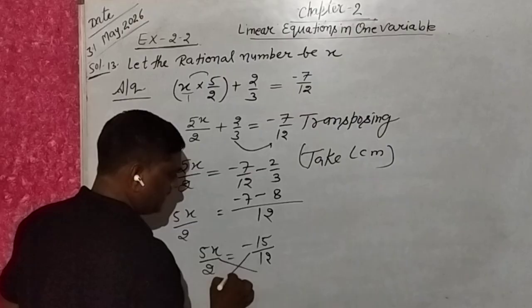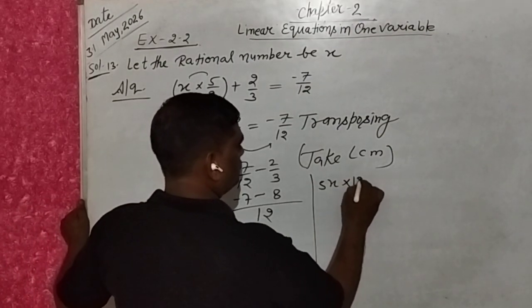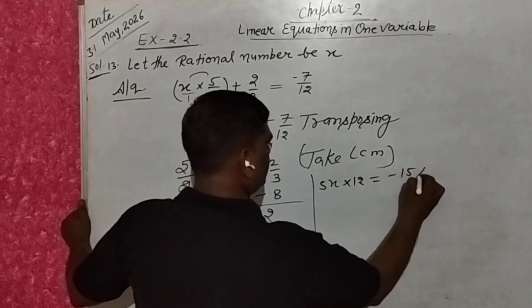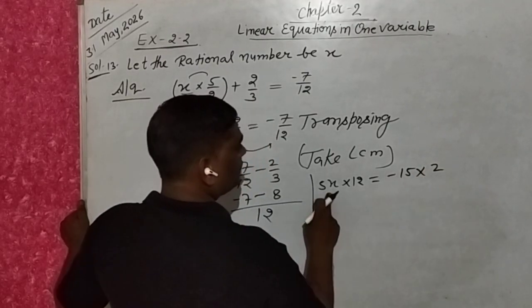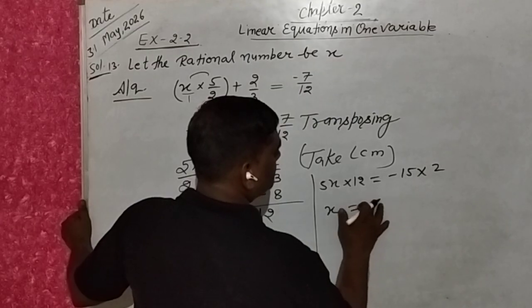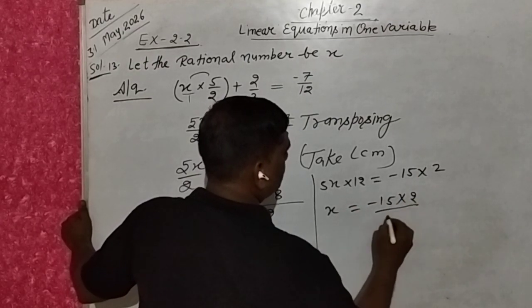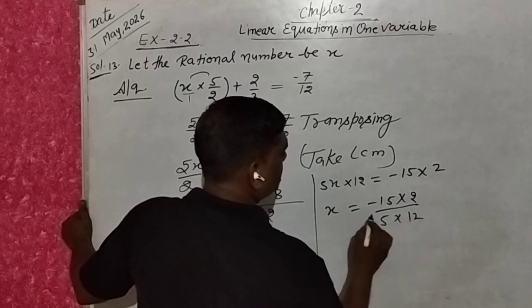If you cross multiply, you get 5x into 12 is equal to minus 15 into 2. So x is minus 15 into 2 upon 5 into 12.